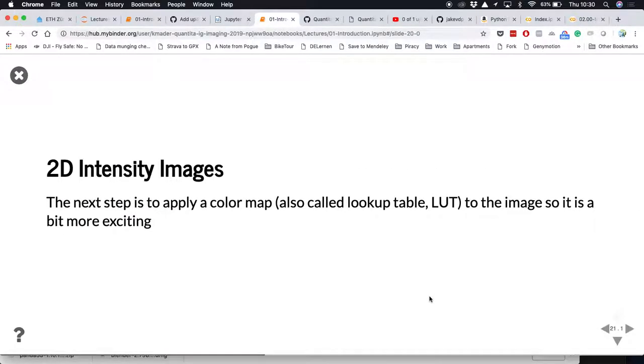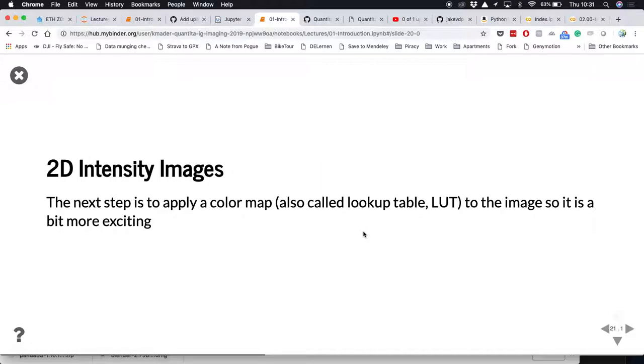When you have 2D intensity images, the first thing you do is apply a color map. It's also called a lookup table, or LUT, so that the image is a bit more exciting and easier to interpret. Particularly for those of you who do fluorescence or confocal imaging, you might see pretty pictures of cells that are bright green, but the cell isn't in fact bright green.